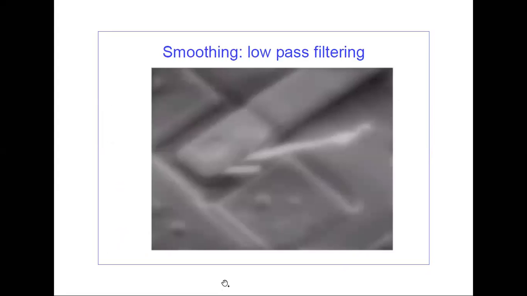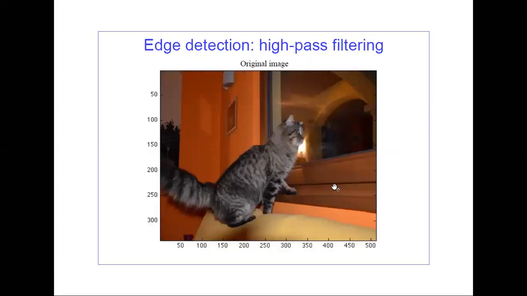So filters can be smoothing filters, a low pass filter, or the filters can be sharpening filters. Now let us understand what is meant by a sharpening filter. Sharpening filters are those filters which will only pick the edges, the change in the intensities. They will pick the edges.